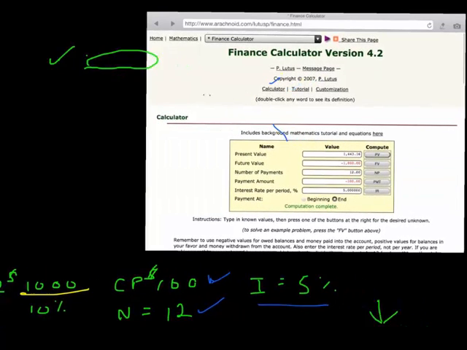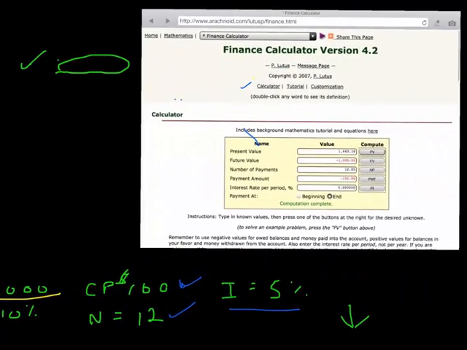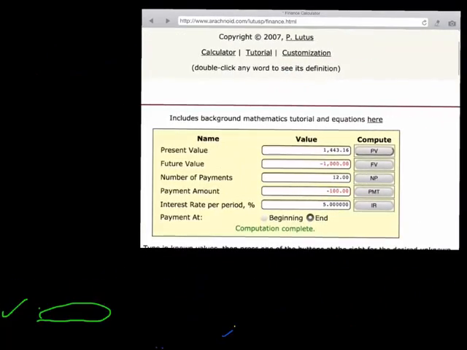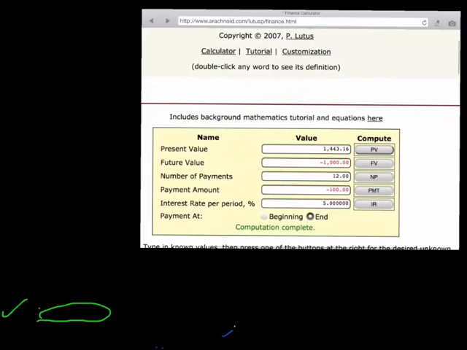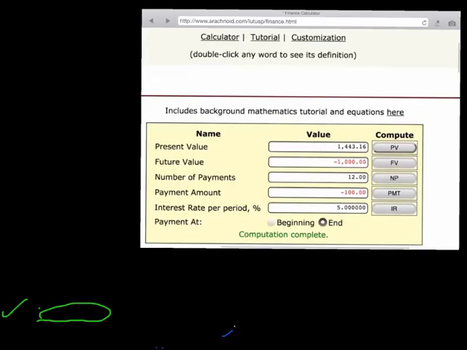And we get a present value of $1,443.16.